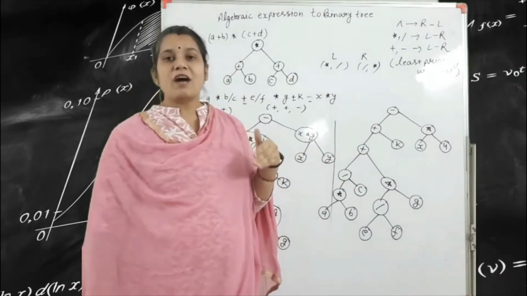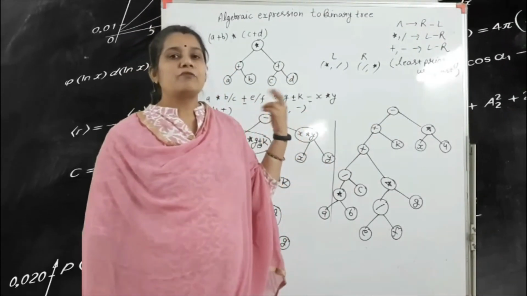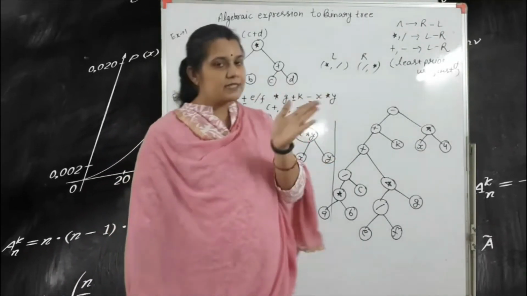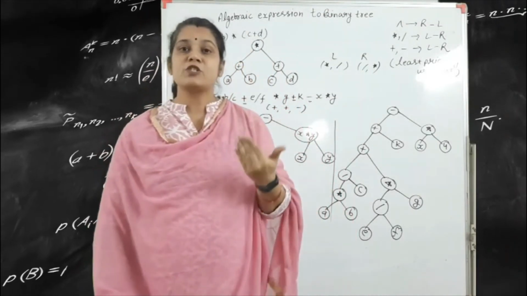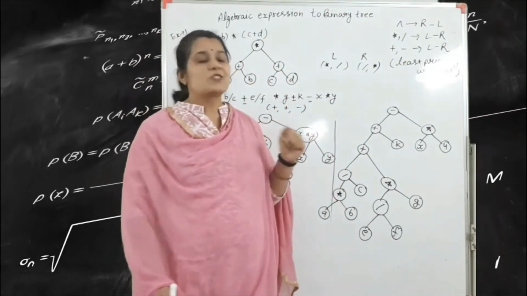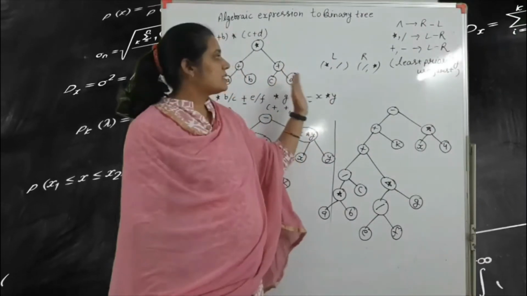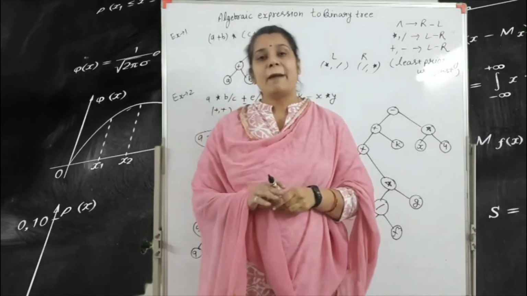So what is the process for finding the binary tree? So plus and minus are always the same expression. So always keep in mind, if the same expressions are given in your question, always consider the right hand side one by one. Okay, so this is the example of the algebraic expression to the binary tree.